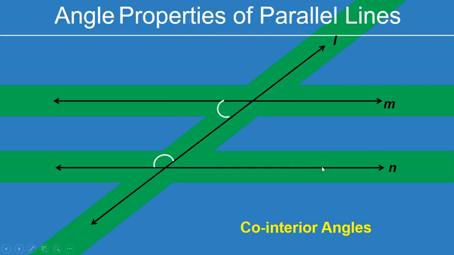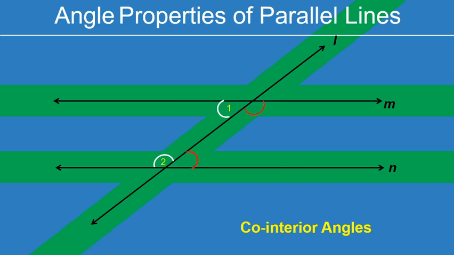These are the two interior angles on the same side of transversal line L. Two interior angles on the same side of transversal line L. Clearly, these are the two interior angles on the same side of transversal line L.